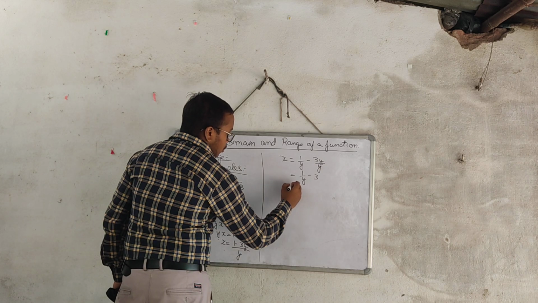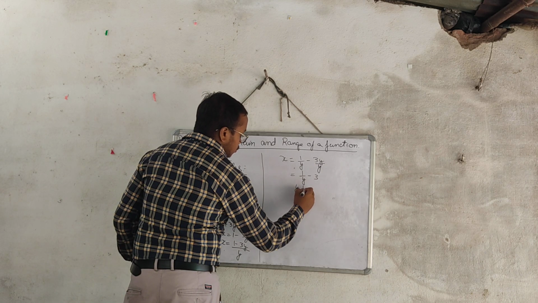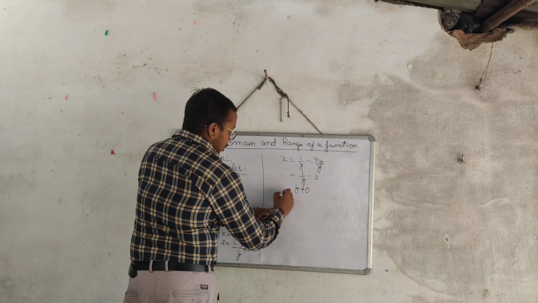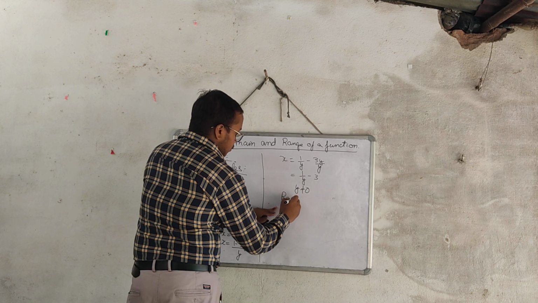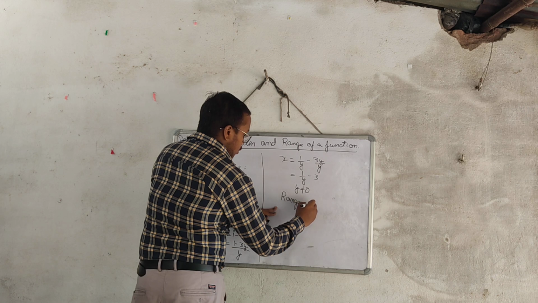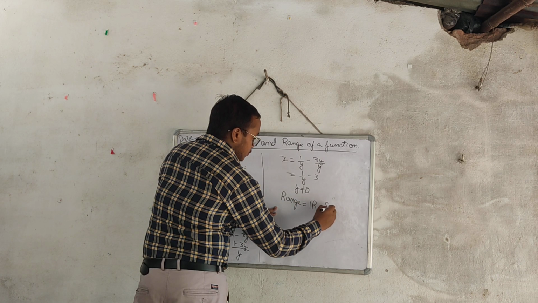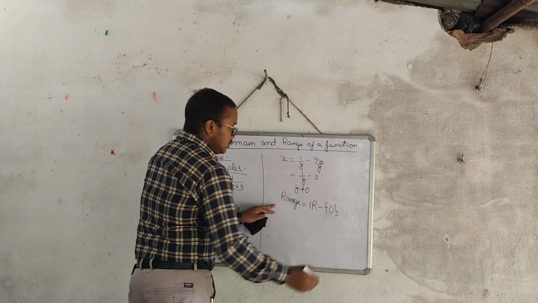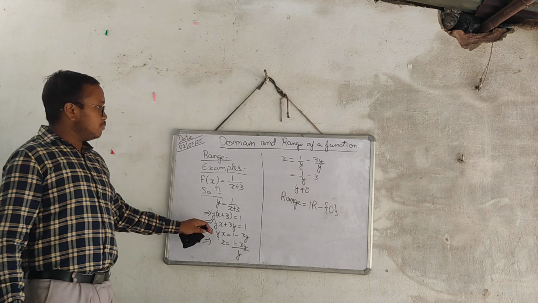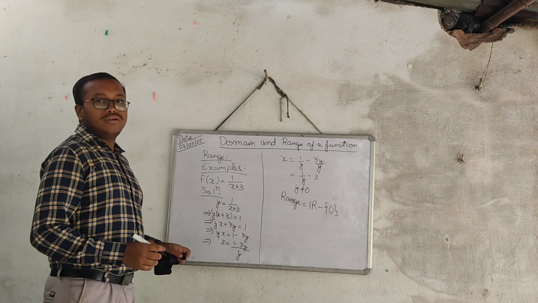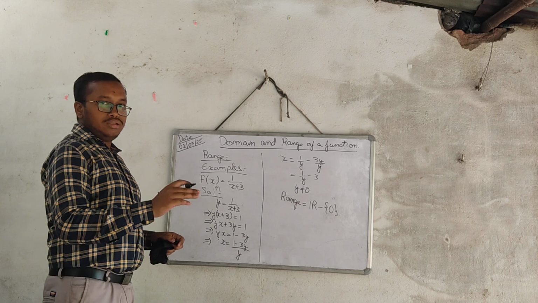Therefore, y cannot be equal to 0. Therefore, range of this function will be all the values of real numbers except 0. Is it clear? This is the process by which we find out the range of a function.